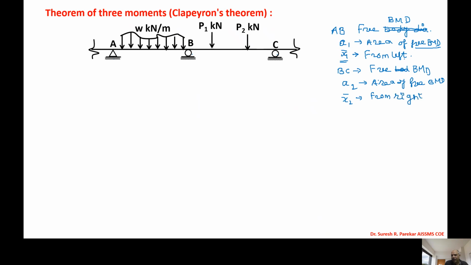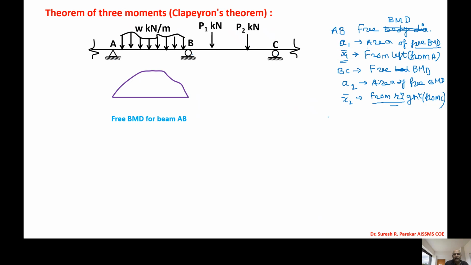So from left means from A in this diagram, and from right means from C. So you have to keep in mind, for the left span the centroid is from the left hand, and for the right span the centroid is from the right hand.